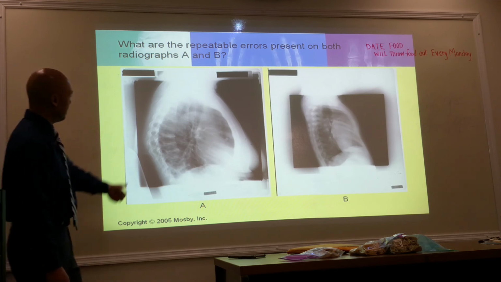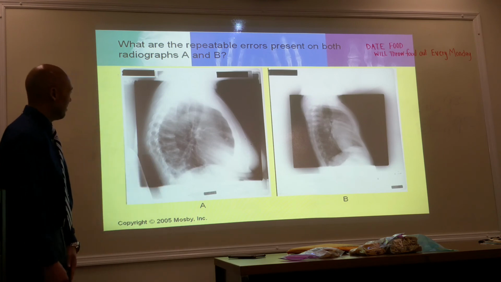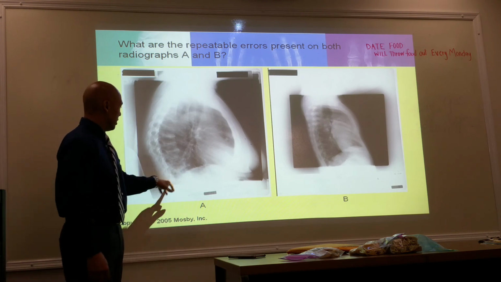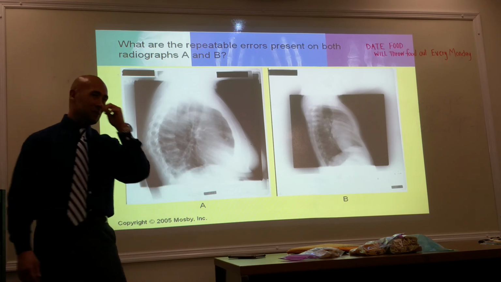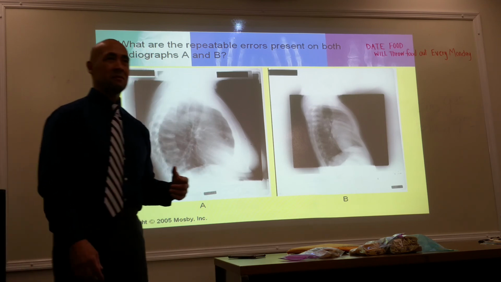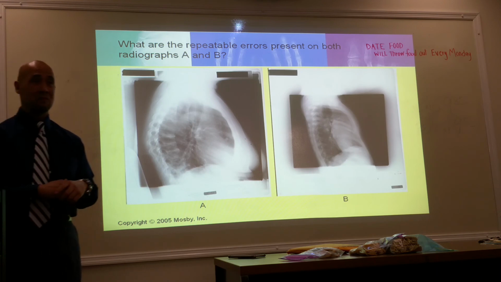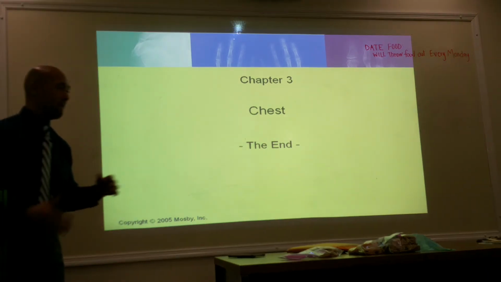Okay, so we have some rotation, right? Is it that bad that it needs to repeat? Look at what's happening over here. There's no rotation here, but there's rotation up here. It's possible that this patient has scoliosis. Someone who has scoliosis, you're not going to be able to get that superimposition. All right, guys. Are we done?